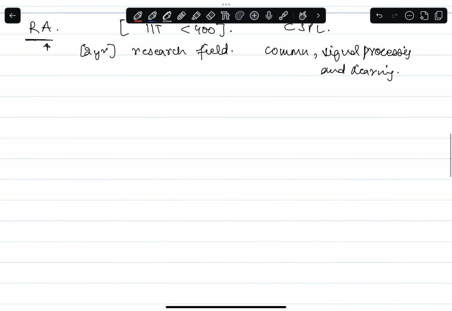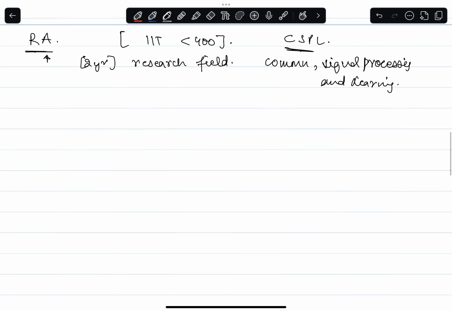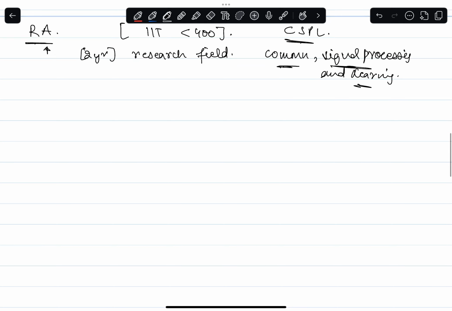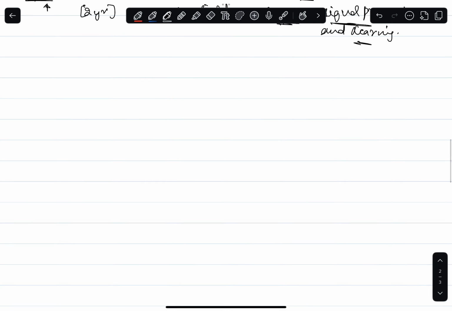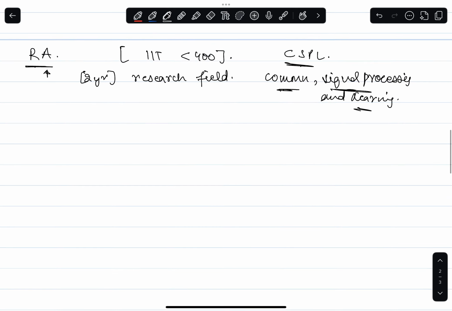So basically, in this branch, we deal with communication, signal processing, and learning, and learning is the term related to machine learning and such. So how I got this, I'm not going deeper into this branch.